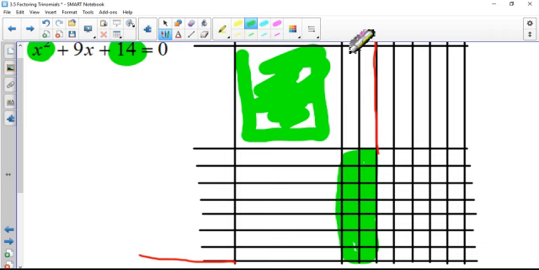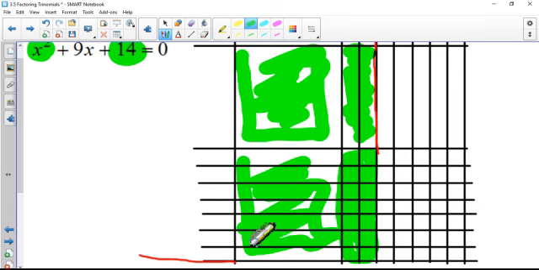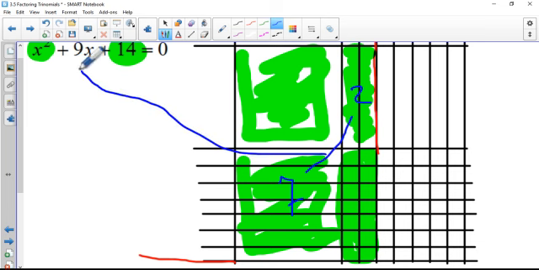Since it's got to be positive, I have 2 here and I have 7 here. Well, what's 2 plus 7? It's 9. So I have 7 here and 2 there. And look, I'm trying to get 9 x tiles.